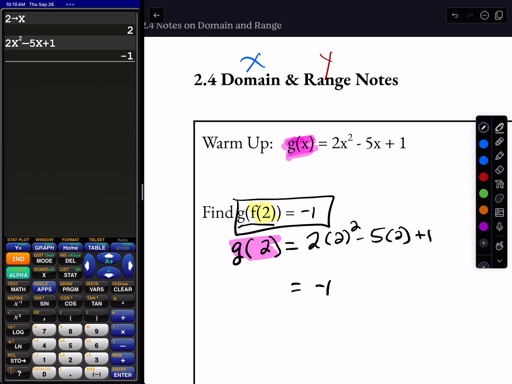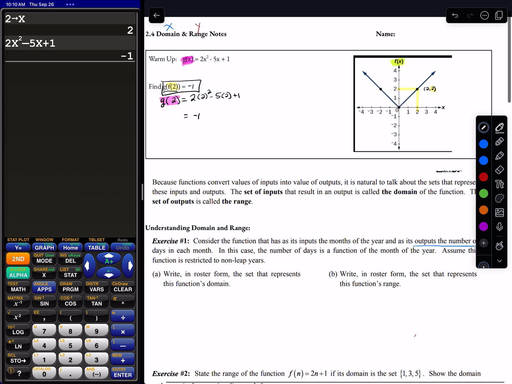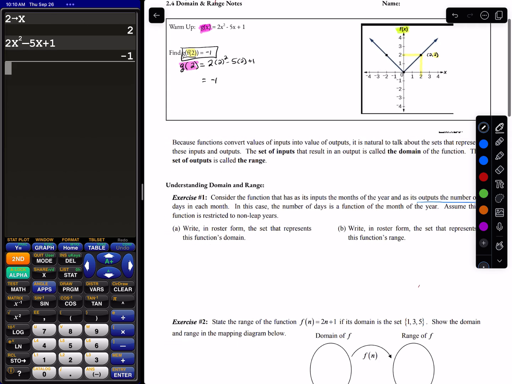Okay, so how does that relate to domain and range? What we're looking at here is domain is the x values, and the range is the y values. In this example, consider a function that has its inputs as the number of the months of the year. We can write them as numbers just to make this a little bit easier.